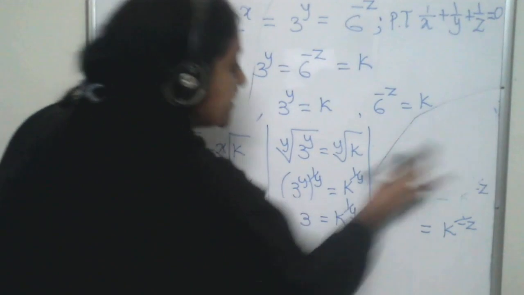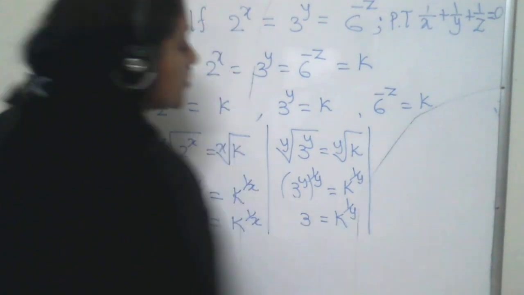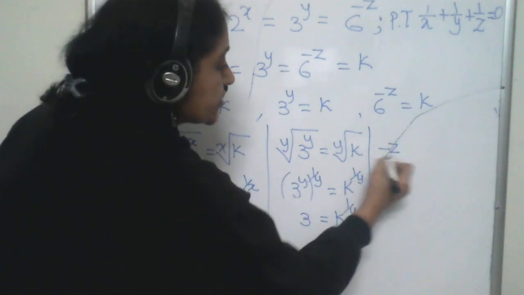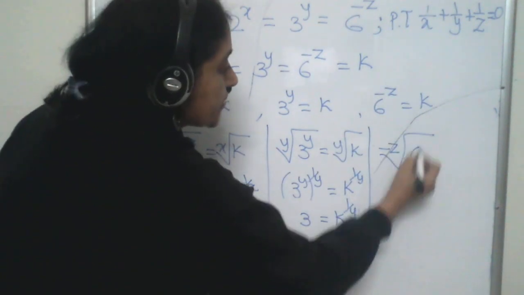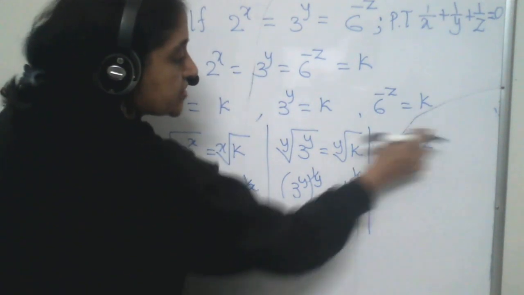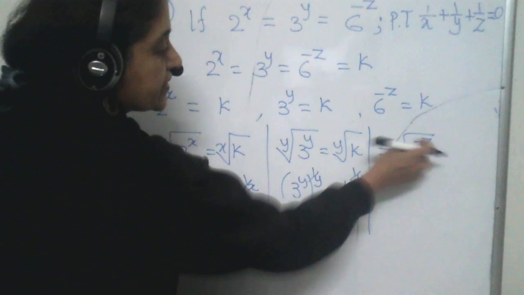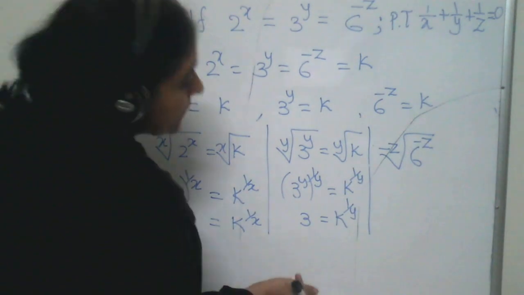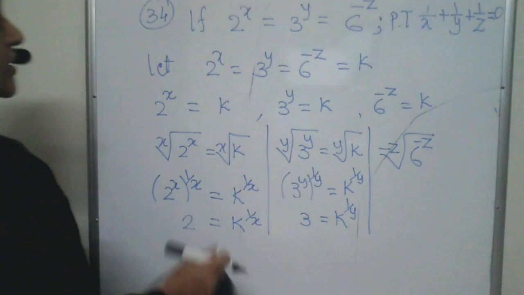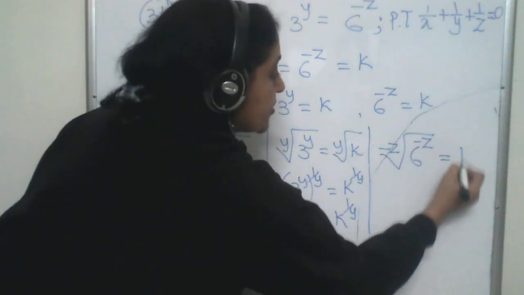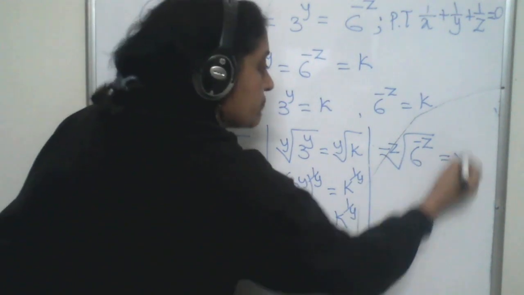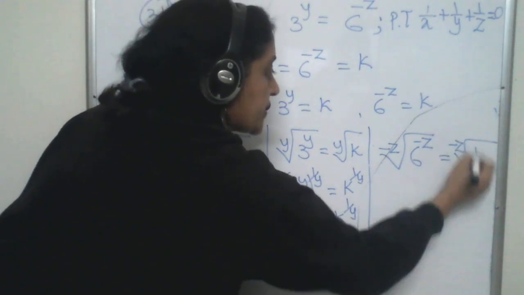As the inside exponent, the exponent of 6 is negative z. So we will take the negative zth root, so that it will get cancelled with it. How? Now 1 by z anyway you are going to write, but negative into negative will become positive. So this will be k to the power minus 1 by z.